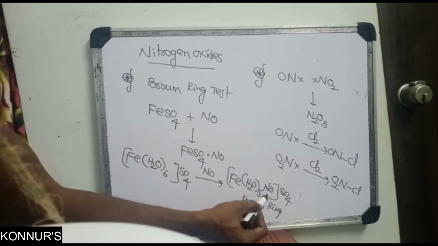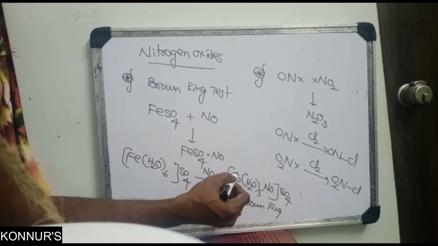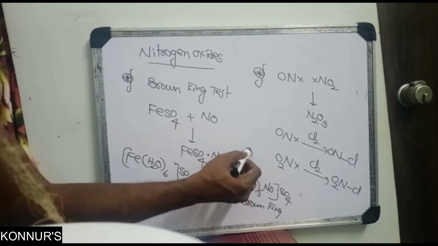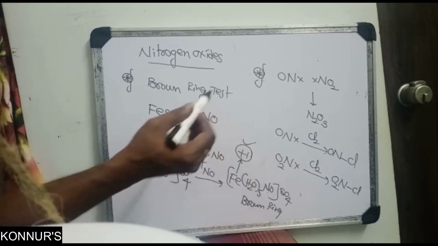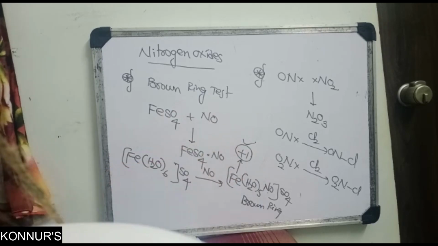Here the NO ligand has a positive charge, so the iron oxidation state is +1 in the brown ring. This is important.